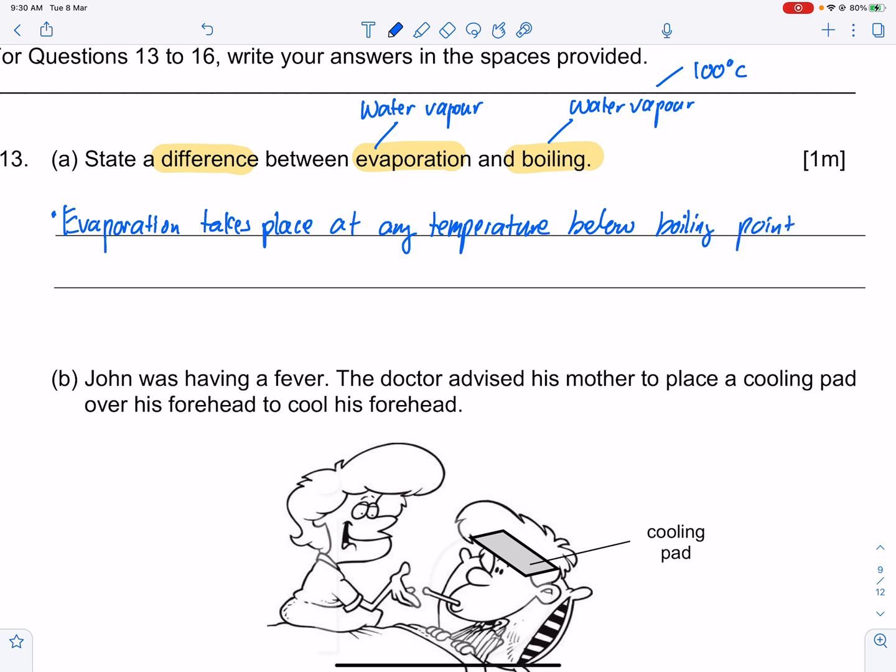Now when you are stating a difference, please use contrasting words such as but, while, or however.